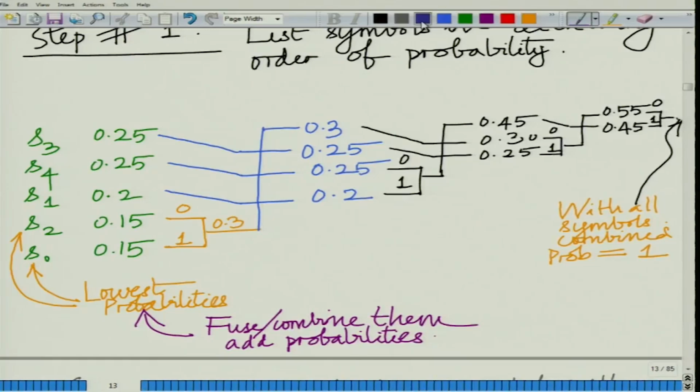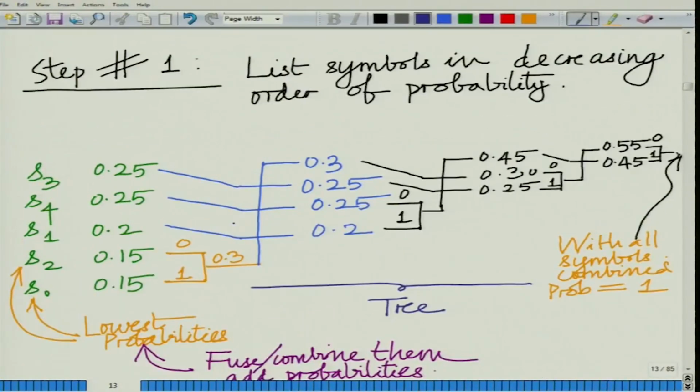Now that completes the process of constructing this Huffman tree. So this has completed, if you can see the tree, and now to find the code you backtrack along the tree.